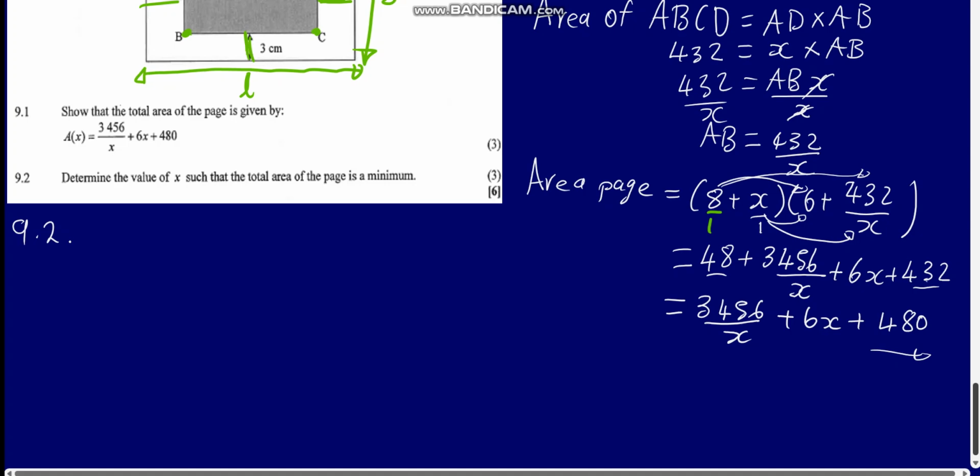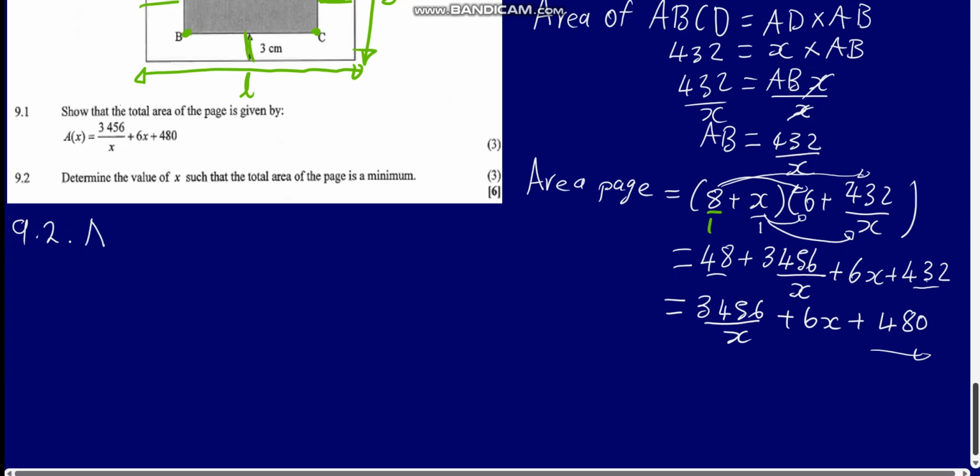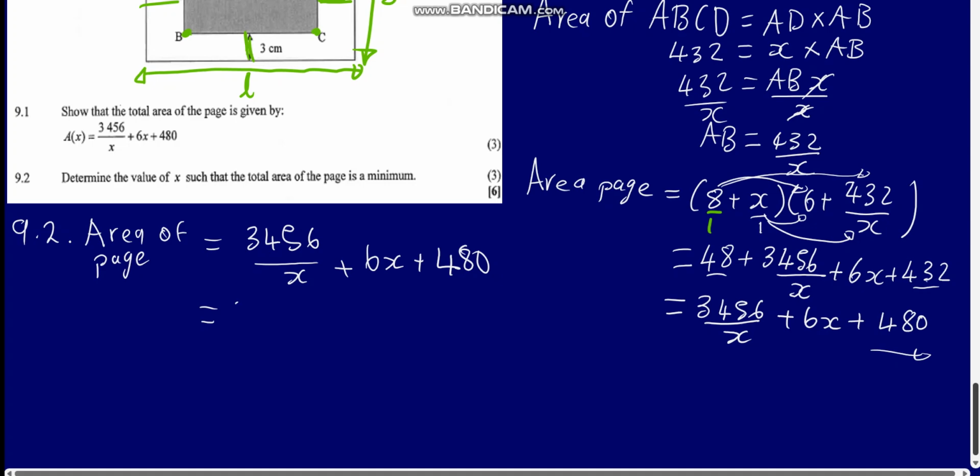Determine the value of x such that the total area of the page will be at minimum. So even if we couldn't prove that, the fact that we're given the area of the page, we can make use of that and get its first derivative. So let's get the first derivative of this.